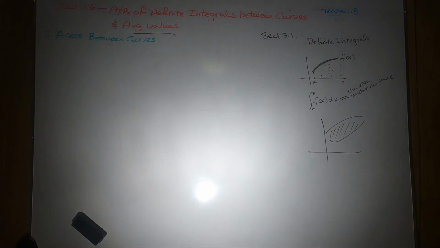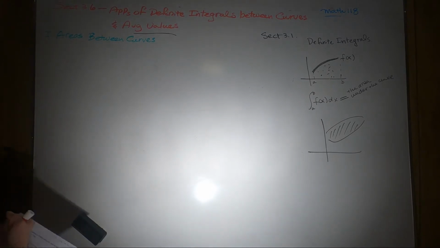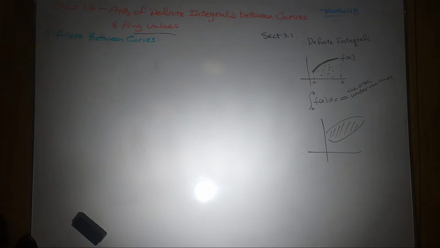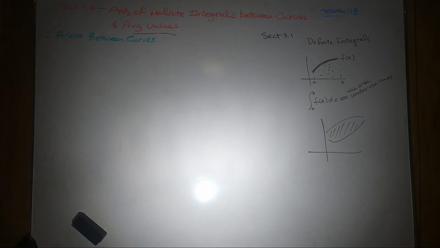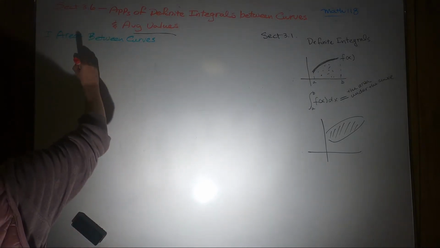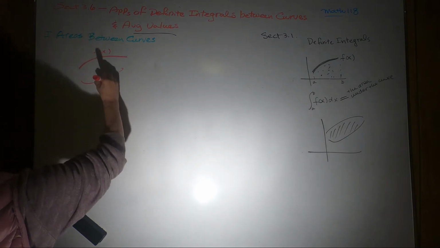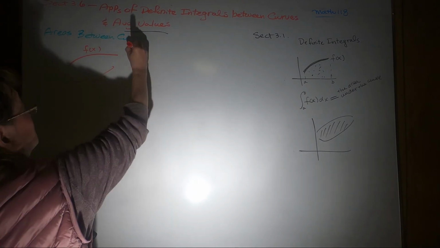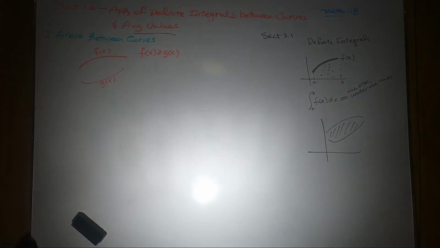So that's how we are going to use the formula. The area between the curves: if I have two functions, one is called f of x, one is called g of x, then one curve is bigger than the other curve in y value.